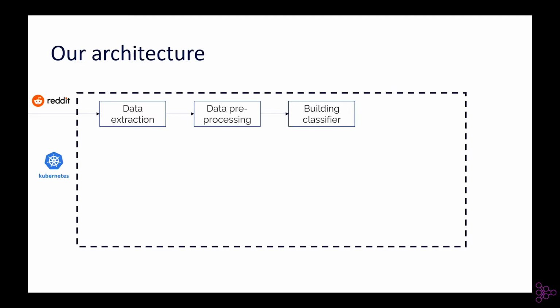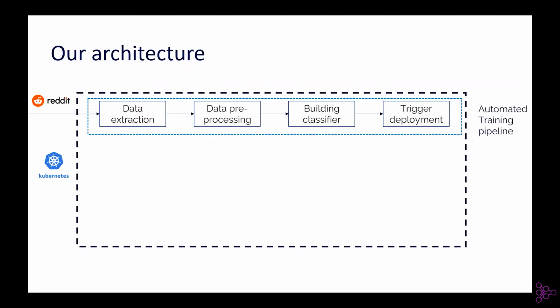Then we build our classifier, so our machine learning model. After that, we can trigger the deployment inside our pipeline. And obviously, all this is automated and can be run on a schedule, but in other cases can be triggered by the production model.